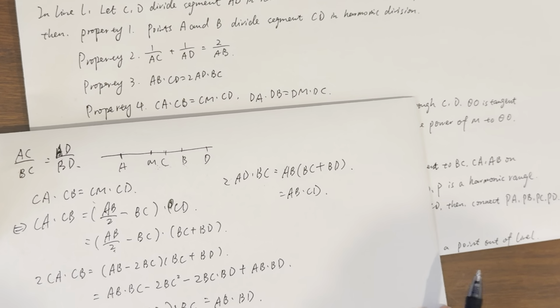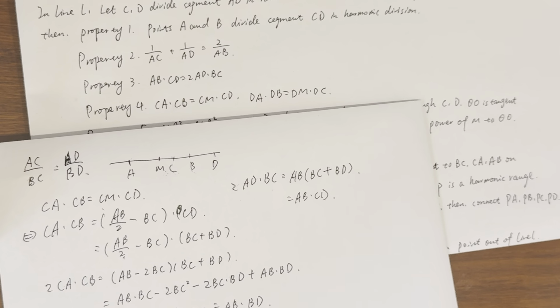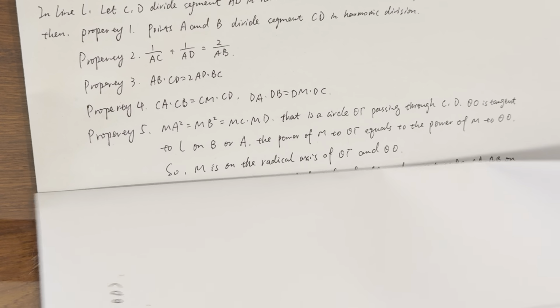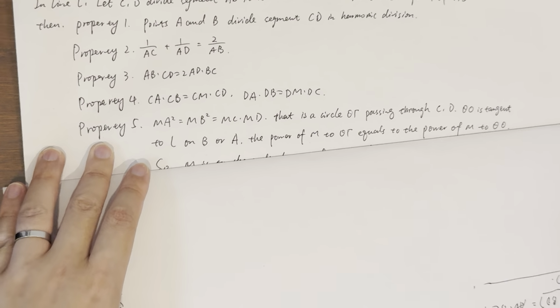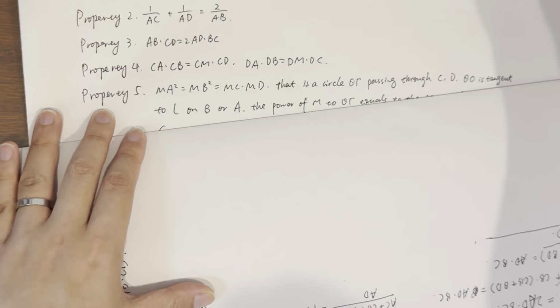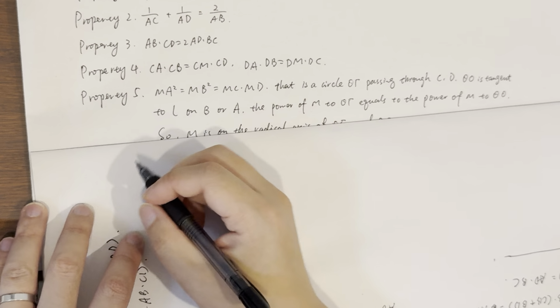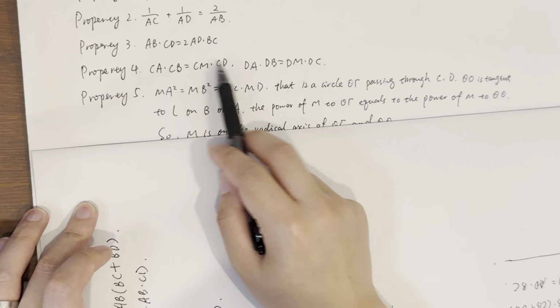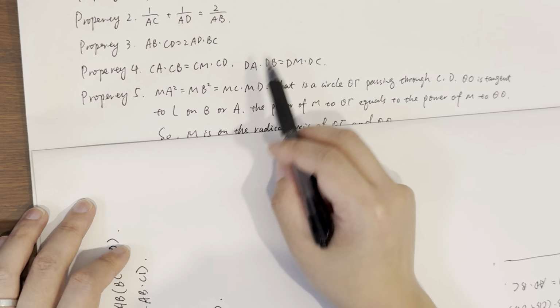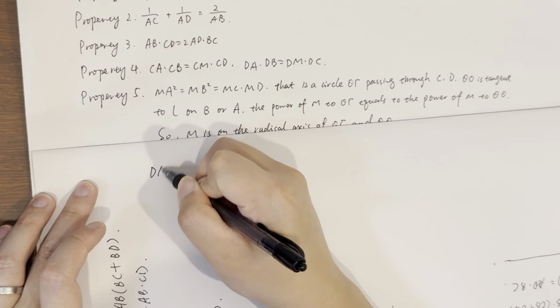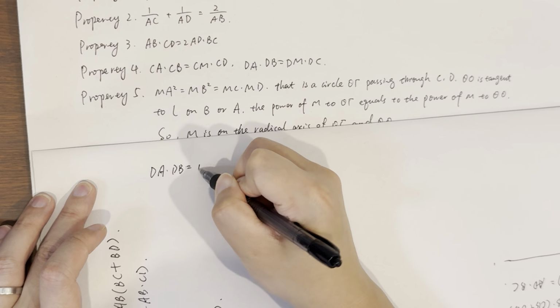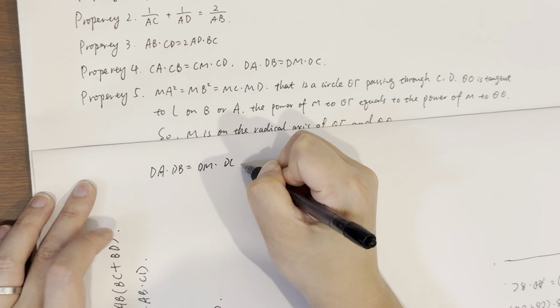So this kind of proof is not very difficult because you can just break it down, and it's very fundamental algebra. Okay, so for the next one we need to prove that DA times DB equals 2 DM times DC, right?